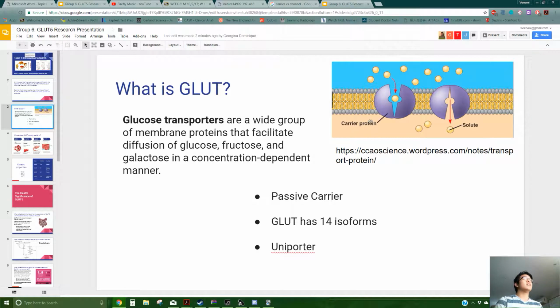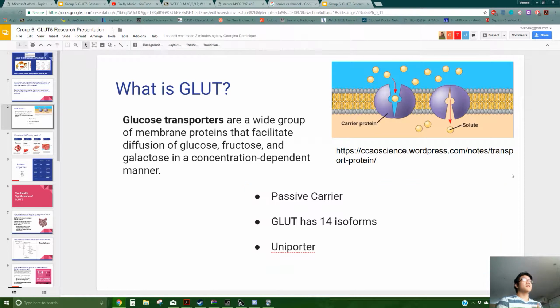As you can see in the upper right corner of this slide, there is an image of a transporter called a passive carrier protein showing glucose solutes entering the cell down a gradient. This is a simplified version, but there are several mechanisms, several conformations, in which the glucose transporter will allow the solute to enter the cell.